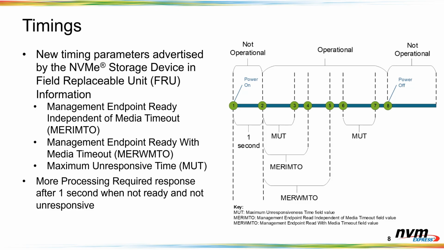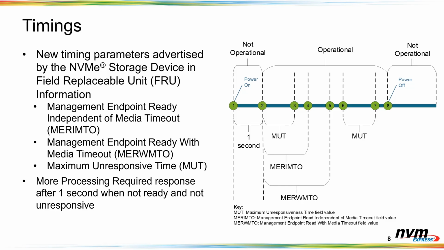So one of the main interoperability issues we had was around time to ready following a power on or reset. In MI 1.2 and prior, we mandated a 1 second time to ready. But what we found is that many devices could not get ready that fast for more complex operations, especially ones that require access to media.